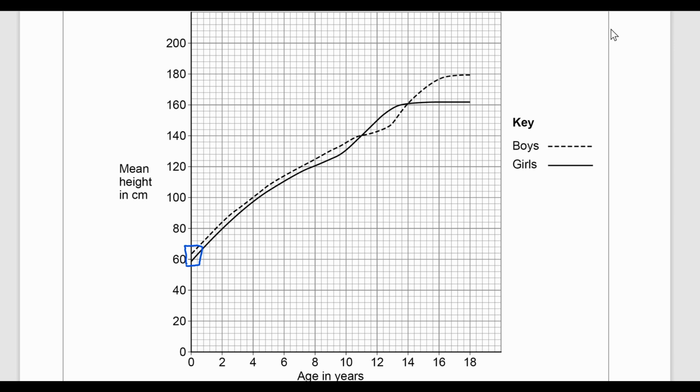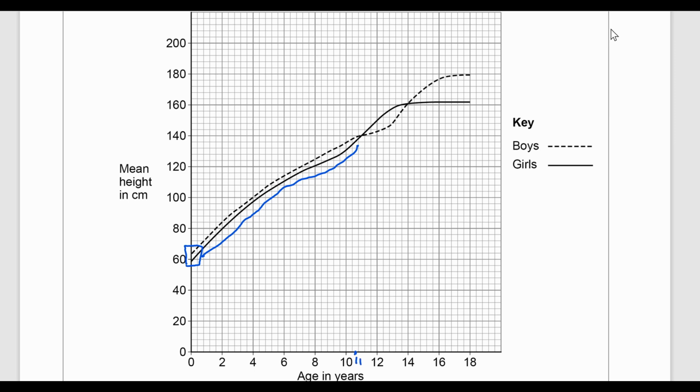But we can see that that trend continues all the way up until somewhere between 10 and 11. If we look carefully, we can figure out that that is age 11. So that's already one thing that we spotted. There's an increase in height where boys are taller than girls from 0 years to 11 years.